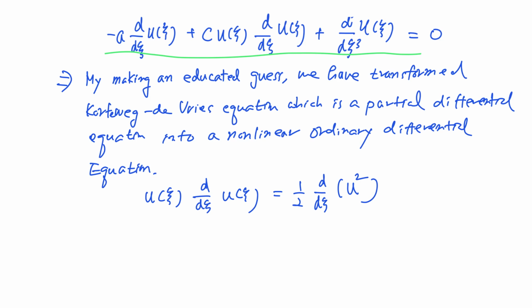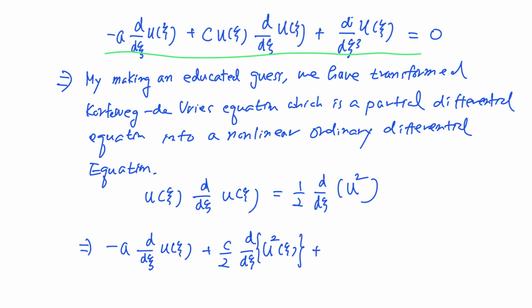So we have minus a du/d psi plus c over 2 d/d psi of u squared plus d cubed u/d psi cubed equal to 0, which is a little bit simplified.